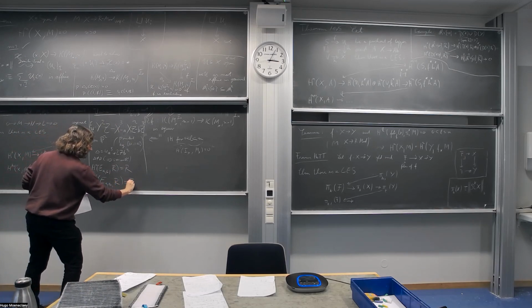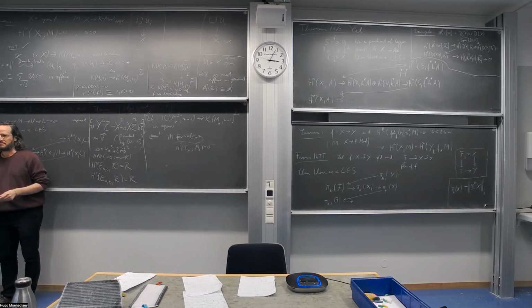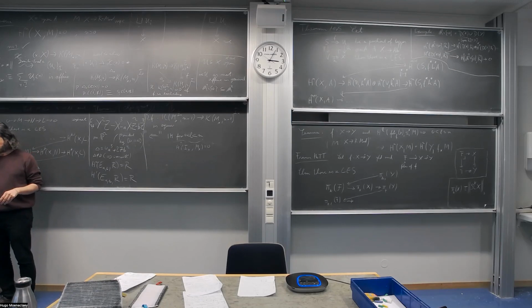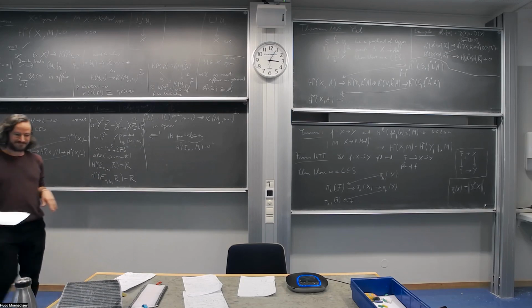And H^1 is also R, so of rank 1, as it should be. And for the proof, you use Mayer-Vietoris, and then you calculate with modules, and it's good. Okay, thank you.